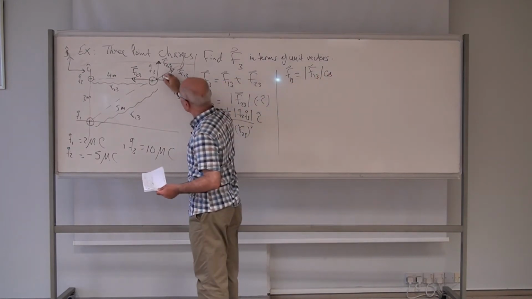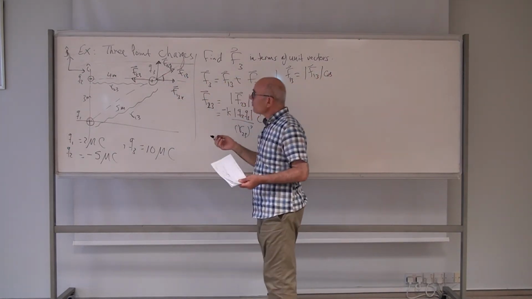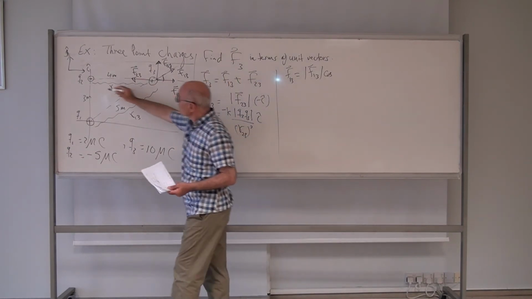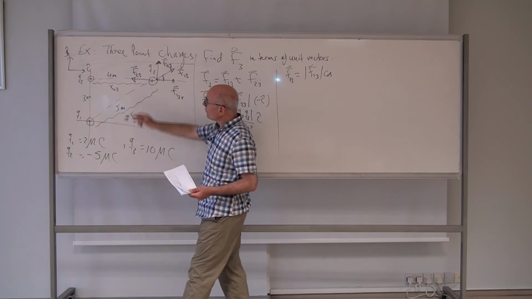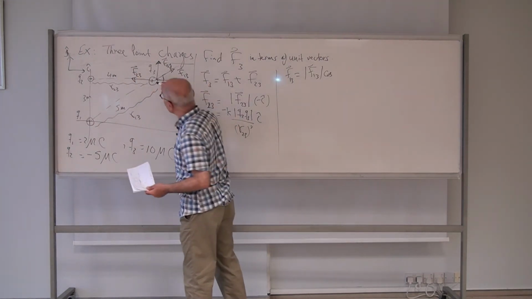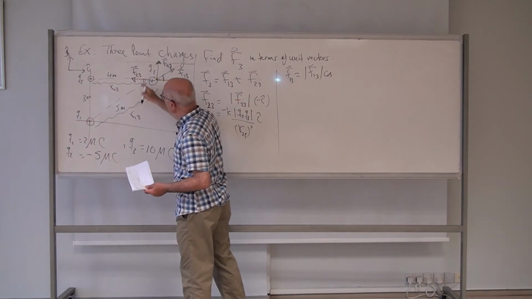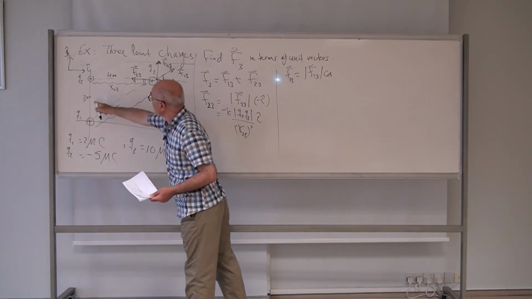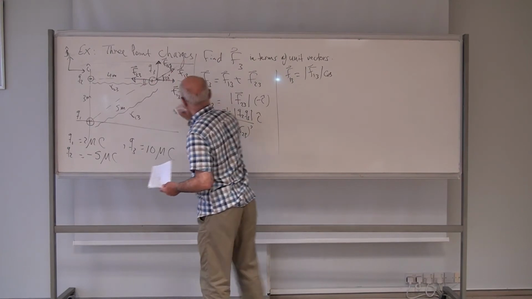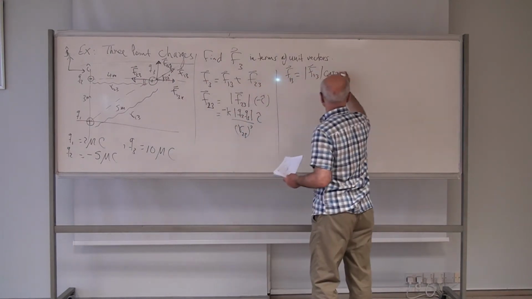This angle, which is called theta, if you like. But I know what this theta is, because this is a right triangle, the 5, 3, 4 triangle. So this angle here is 37 degrees, because the sine of this is 0.6. So this is also 37 degrees. So cosine 37 degrees.